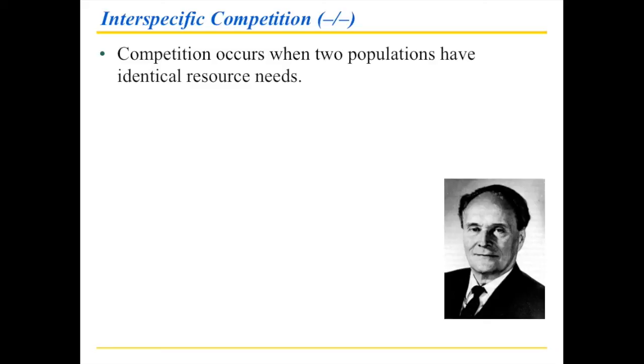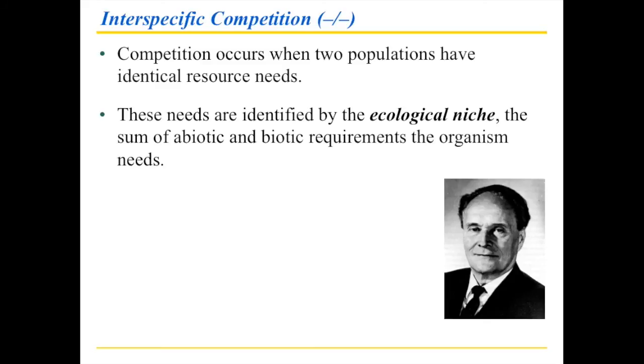Now, you yourselves may experience competition because you're competing for jobs, you're competing for parking, you're competing for access to enrollment in classes, so there is competition even within one group, but this is now when we're looking at different species. Now, when you want to figure out what a species needs and you create a list of all the things that it needs, then you are basically defining the ecological niche of that species.